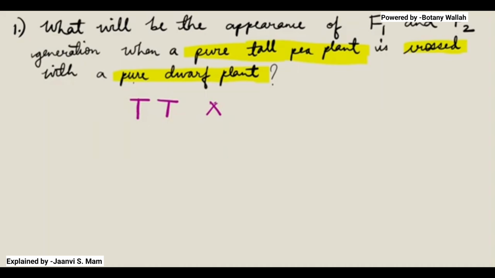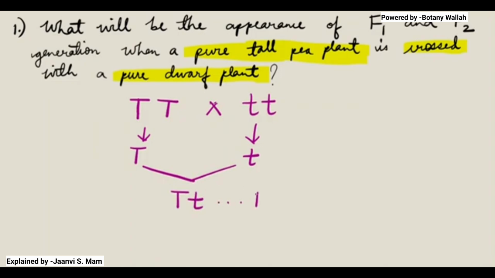If I take pure dwarf plant, then it shows homozygous dwarf. Since these two alleles are similar, we will take only one allele as gamete. So let's take capital T as gamete and small t as gamete. Here there will be fusion of gametes, then you will get capital T, small t.